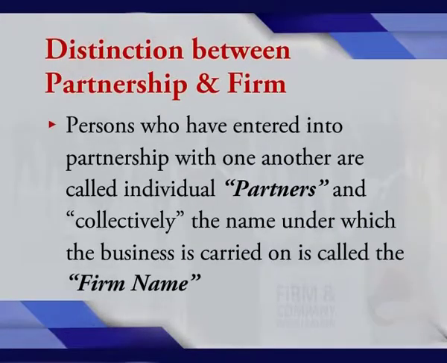Now, let us know the distinction between partnership and firm. Persons who have entered into partnership with one another are called individual partners, and collectively the name under which the business is carried on is called the firm name. Partnership is merely an abstract legal relation between the partners.